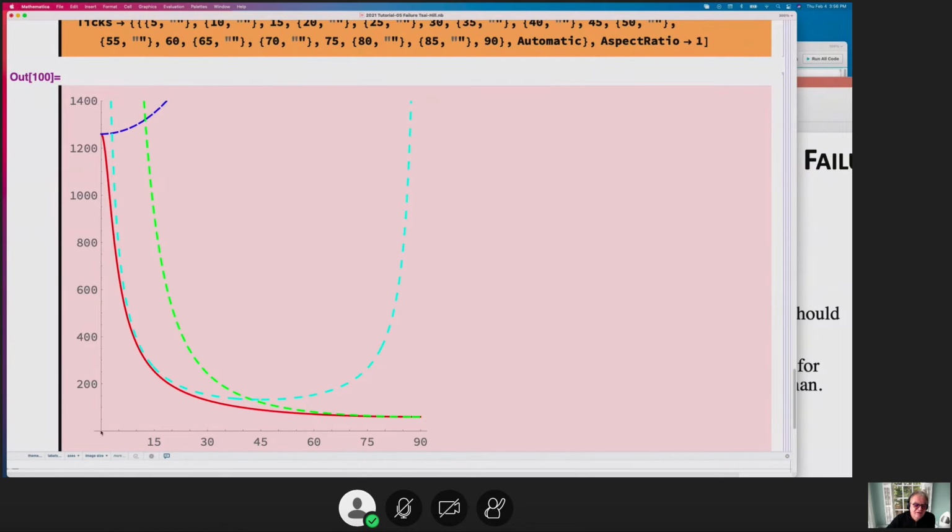As I change my fiber orientation angle from 0 to 90, the fiber failure allowable load is increasing. The green one, transverse to the fiber, says you don't fail until maybe you reach some 15 degrees or so.